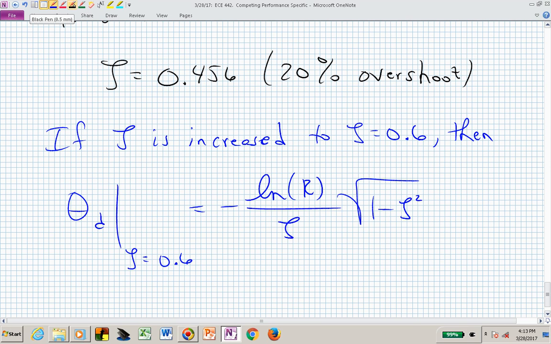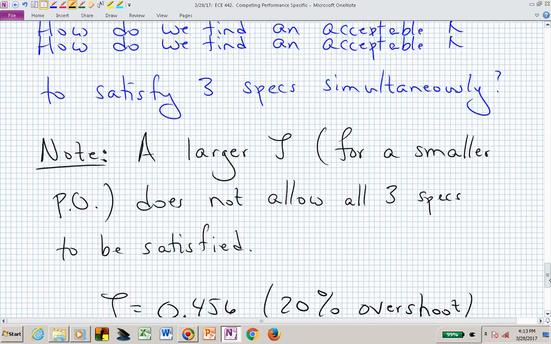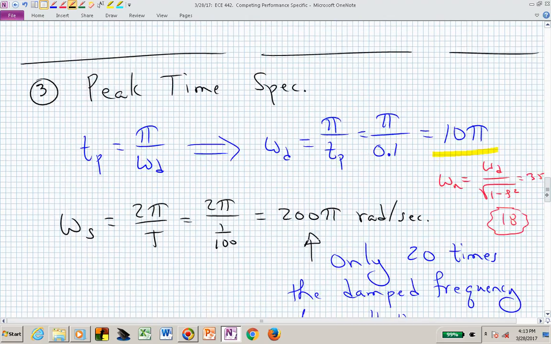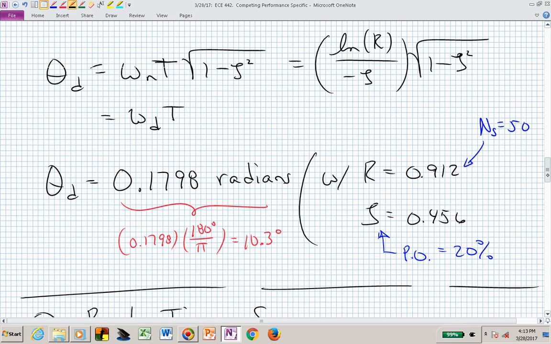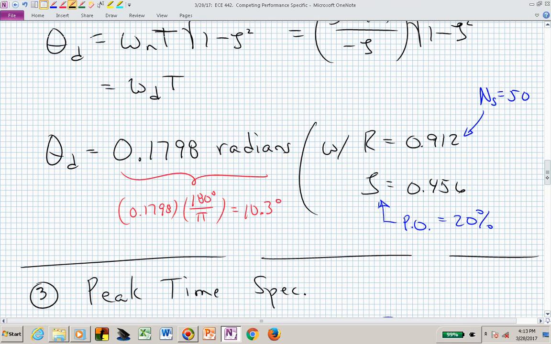Again, let's keep the same r value that we had before for our settling time specification, and that was 0.912, and this is 0.6, and this is 0.6 squared, and this now gives us a theta sub d of 0.1228, and before we had an angle theta sub d of 0.18 for a 20% overshoot.